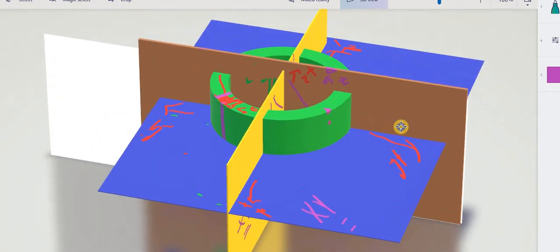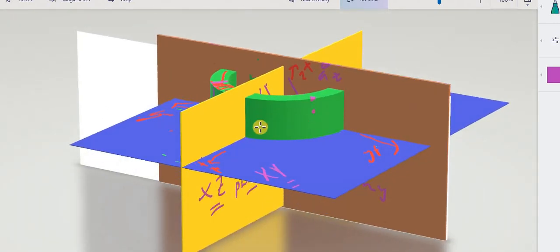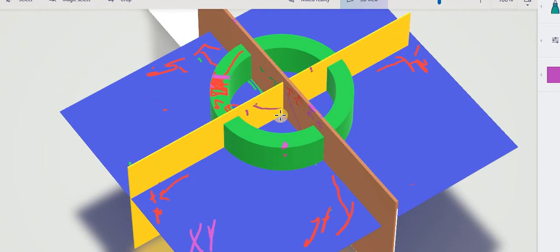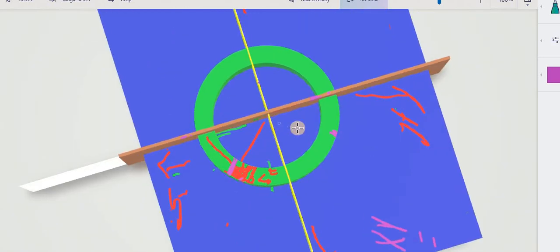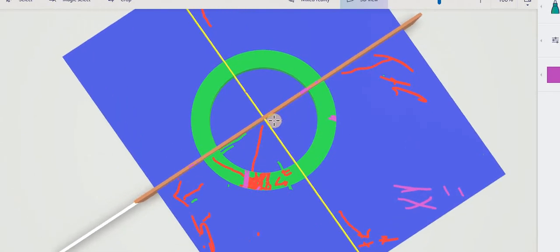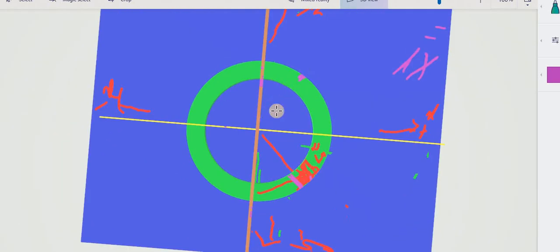The position vector is from the origin to that point, the direct distance. Its magnitude is that direct distance, and its direction is the direction of the position vector.